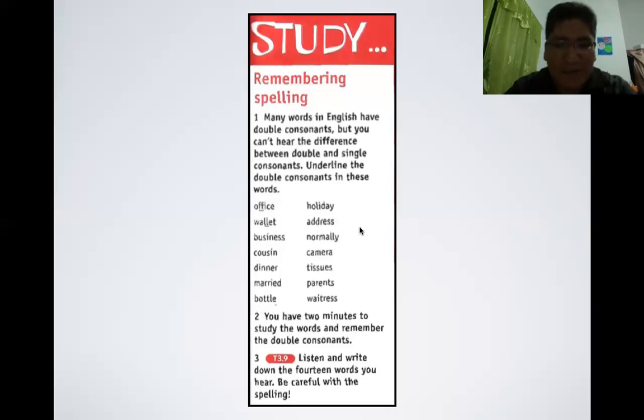For this activity, you can only listen and write the 14 words. Exercise number 3 says, listen and write down the 14 words you hear. Be careful with the spelling. Spelling means ortografía. Be careful, sé cuidadoso.